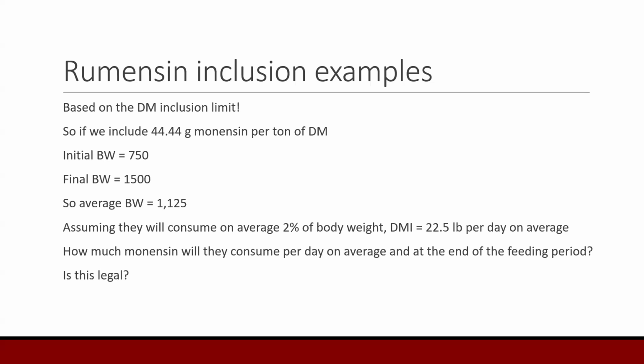So on average, over the entire feeding period, that animal weighed 1,125 pounds. We assume they're going to eat 2% of their body weight. Dry matter intake will be 22.5 pounds per day on average across the whole feeding period. So how much monensin is this animal eating on average across the whole feeding period?